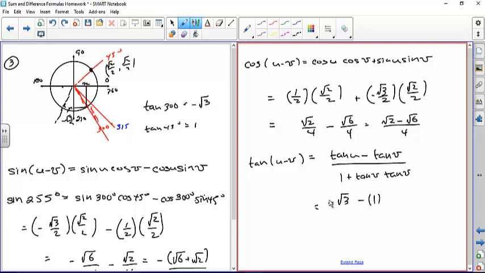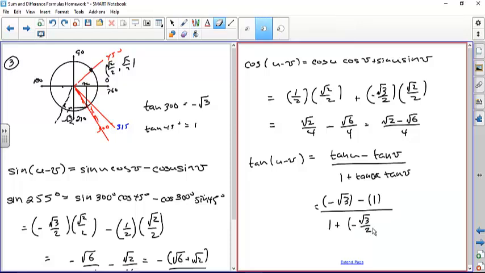So this is negative because the tangent of 300 degrees is negative. This is negative. We subtract the positive. Then we have 1 plus the tangent of v, which is 1, times the tangent of u, which is negative the square root of 3 times tangent of v, which is 1.